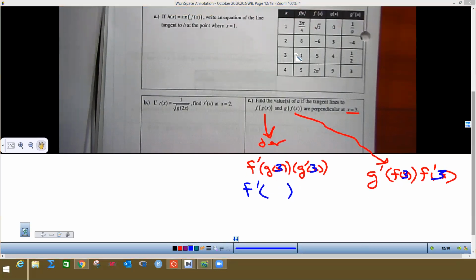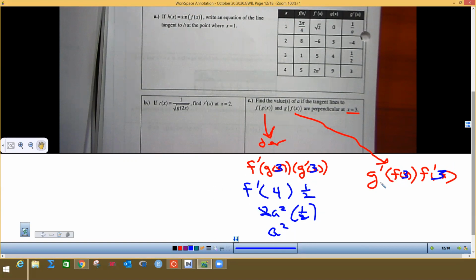So g of 3 is 4, so I stick a 4 here. G prime of 3 is a half, so I stick a half here. And I need f prime of 4. So f prime is here, of 4 is 2a squared. So that means this derivative is a squared. So the slope of this f of g of x is a squared. That's the slope of it everywhere.